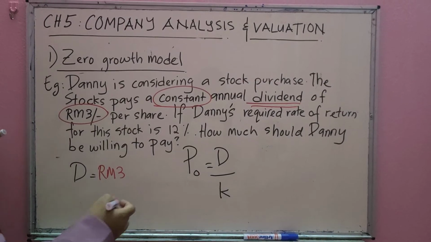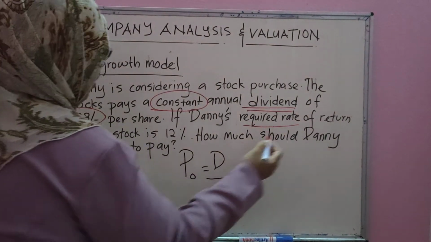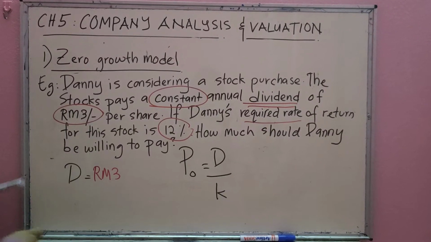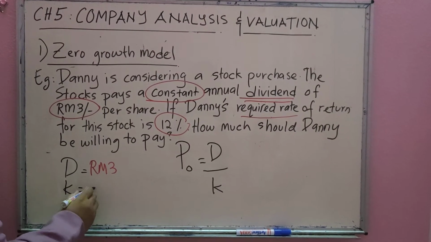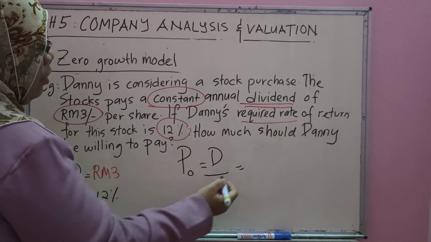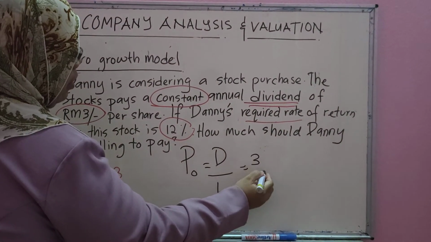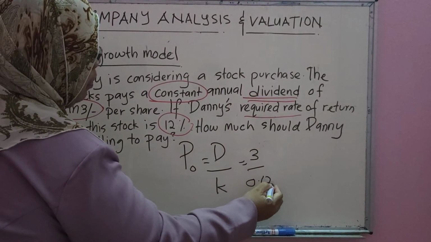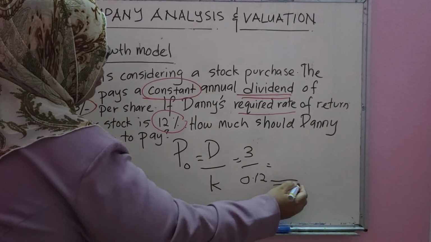The required rate of return is also given there, which is 12%, so K here will be 12%. Just plug in the figure: 3 ringgit divided by 12%, converted into decimal, and then you get the answer.